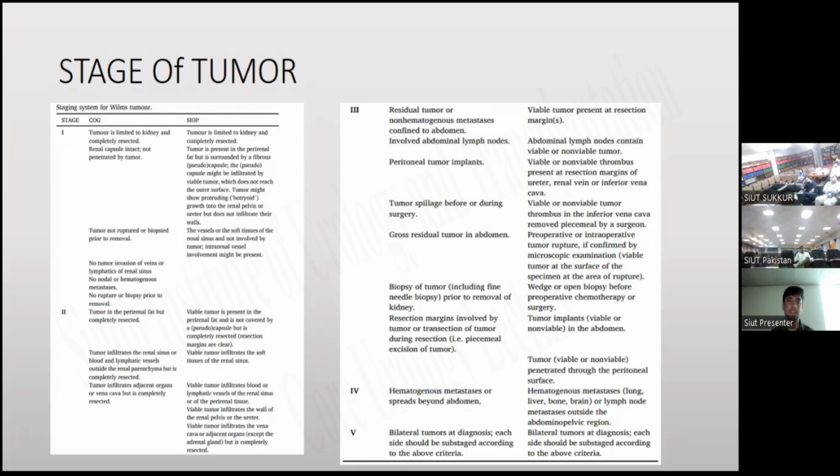Then we label it as stage 2. While in stage 3, if you have left some of the tumor or the margins are affected, then we usually have stage 3. And in stage 4, there is metastasis or spread beyond the abdomen and chest, and if there are tumors in both kidneys, then we usually have stage 5.